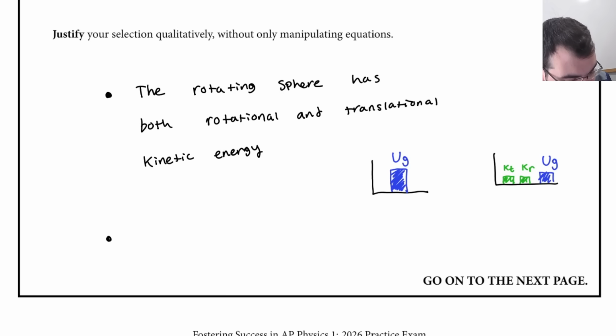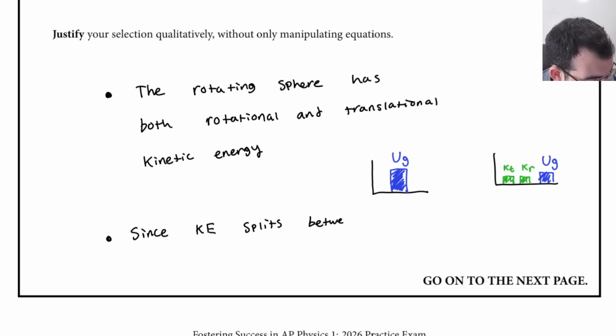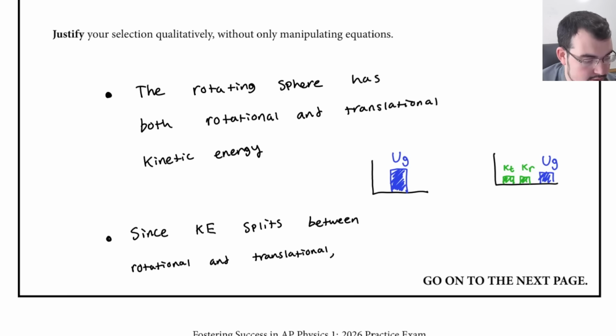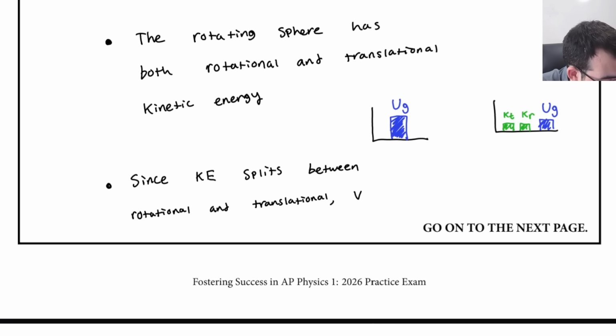So all of that, that's a lot of words I just said, we're just going to boil this down as: since KE splits between rotational and translational, we get a lower V for the same height.